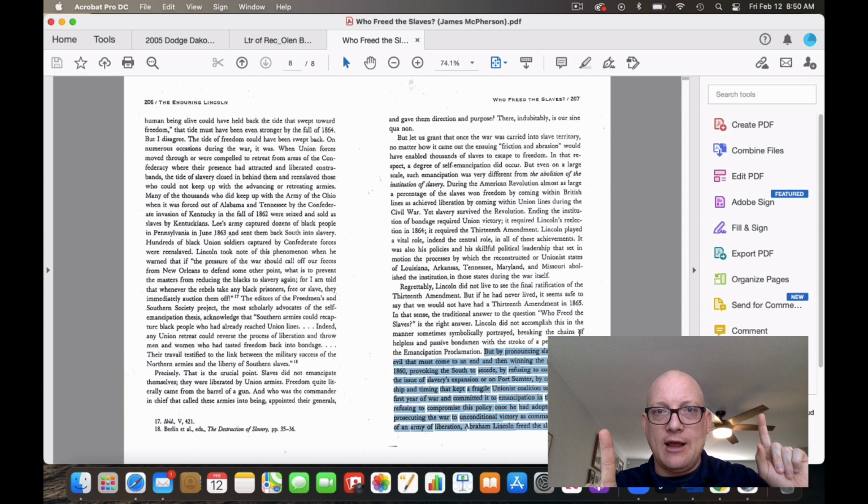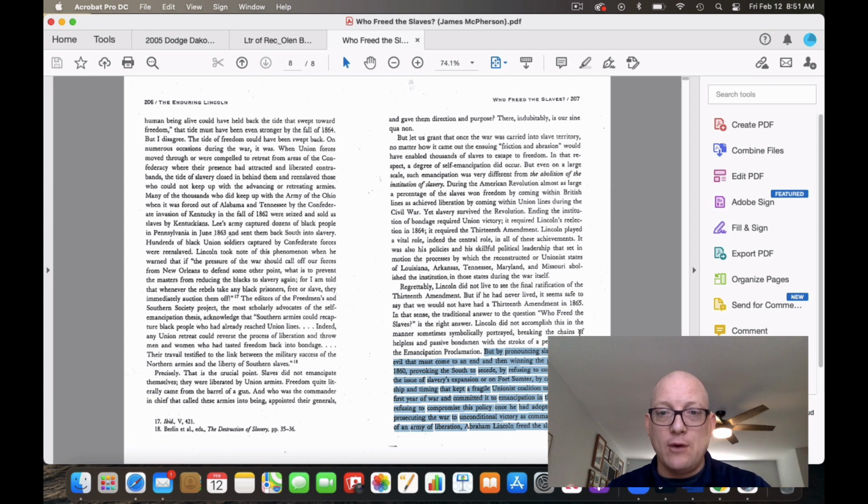As a candidate, he pronounced slavery a moral evil that had to come to an end. It could no longer coexist with the ideas of freedom and democracy that had become so firmly entrenched in the United States. You could no longer justify having slavery in this country. He made that claim. He was very firm on that as a candidate.